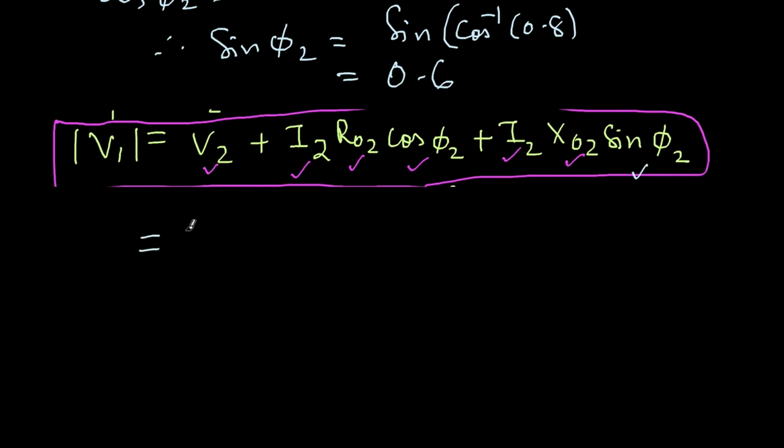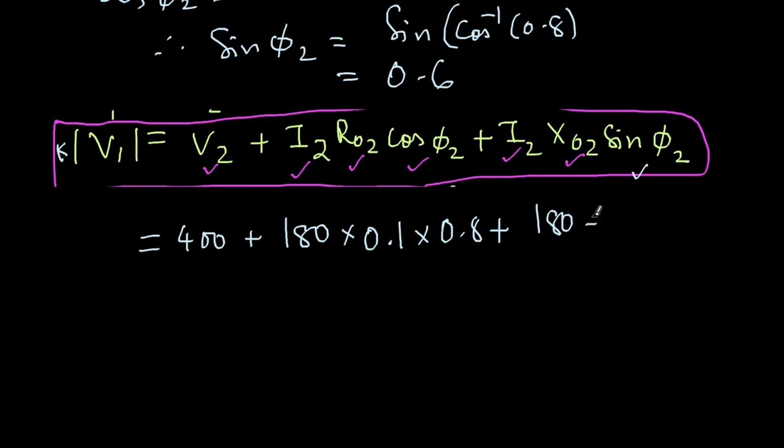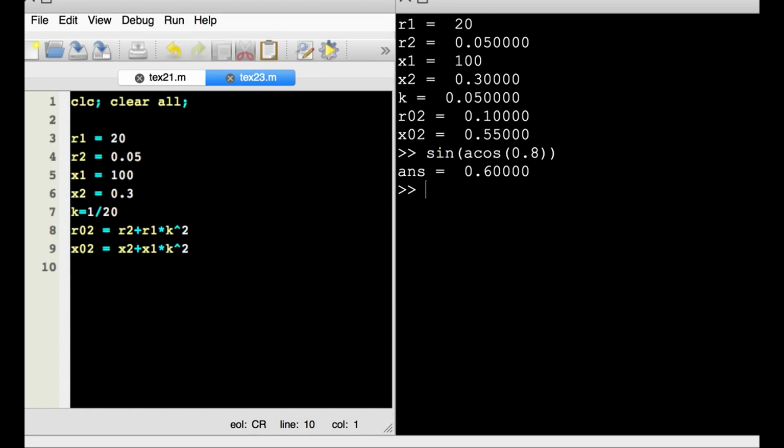V2 is 400 plus, of course this is kV1, remember, I2 is 180 amperes multiplied by R02, 0.1, and power factor 0.8, plus I2 again 180 amperes times X02, 0.55, times sin phi 2, which is 0.6. So this is a simple calculation: 400 plus 180 into 0.8 into 0.1 plus 180 into 0.6 into 0.55.